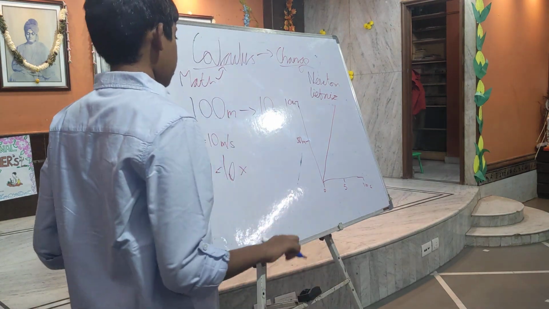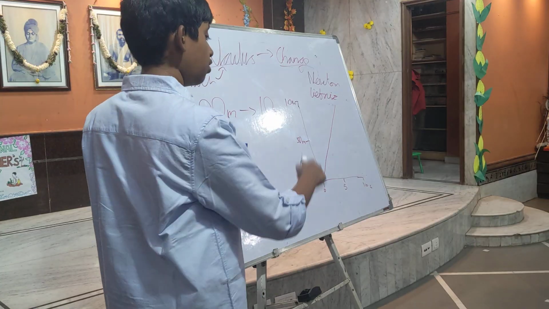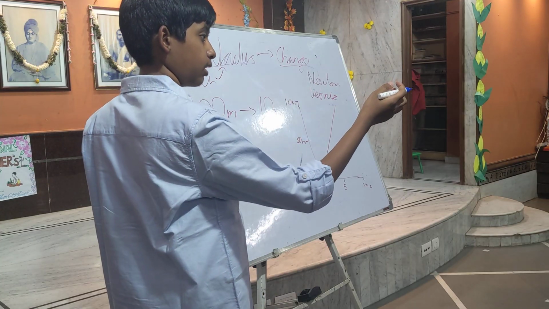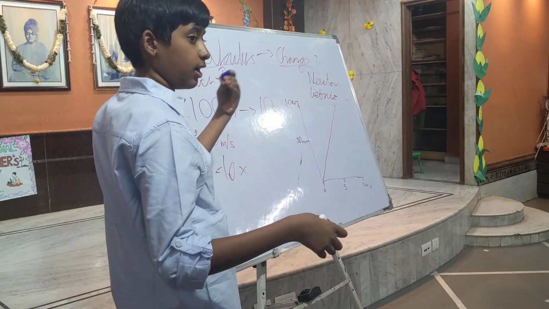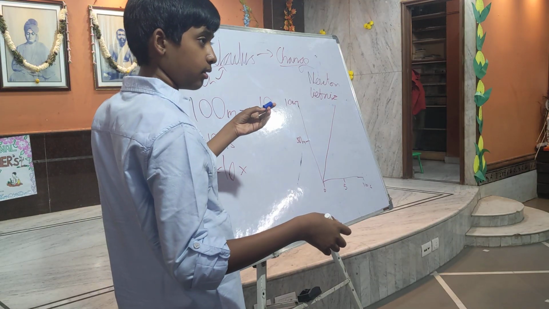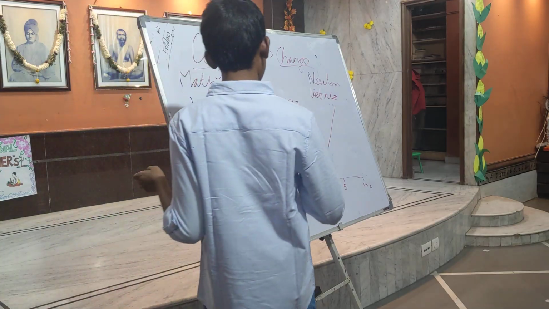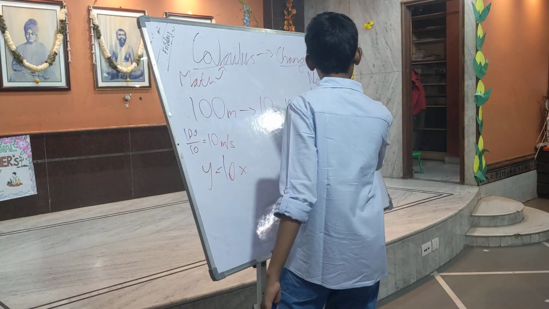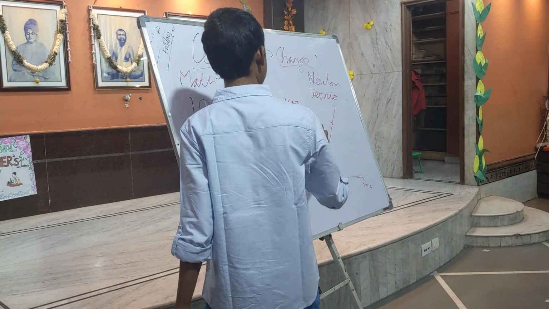Now, if we have a line like this, do you know how to calculate the slope of the line? Anyone want to show the formula for finding the slope of a line? So, I will show you the formula. You take 2 points on the graph, 2 random points that you know.